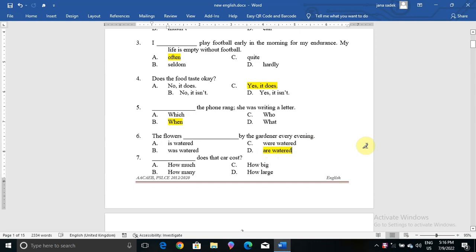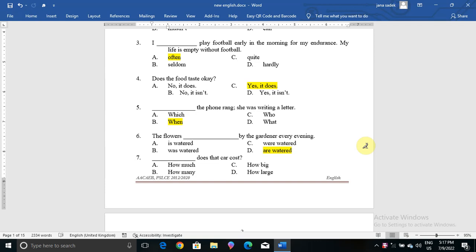Now in question number 7 it says dash does that car cost? He is asking about what? About the car, or about the car cost, which is the money for the car. Now if we look at A, B, C and D, we have how much, how many, how big and how large.